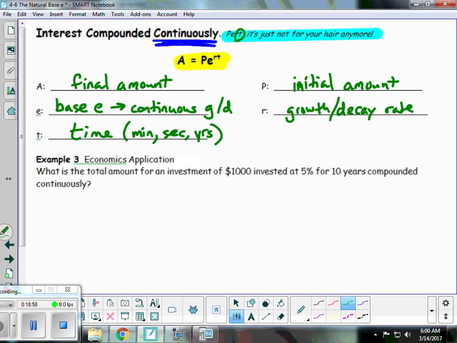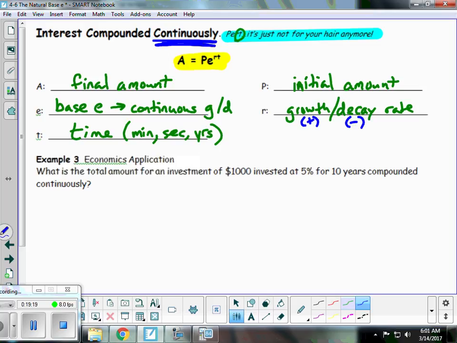Notice that the R is in the exponent. So if it's growth, then that's a positive value. If it's decay, then it's a negative value. All right, so what is the total amount for an investment of $1,000 invested at 5% for 10 years, compounded continuously?